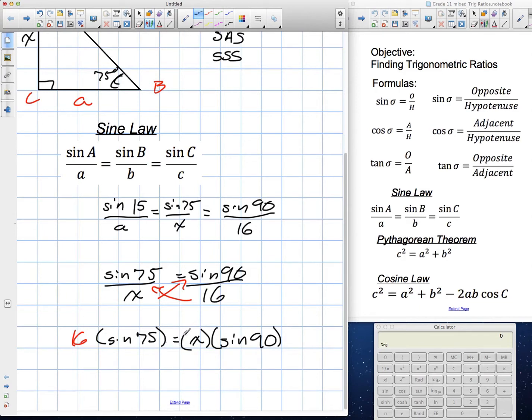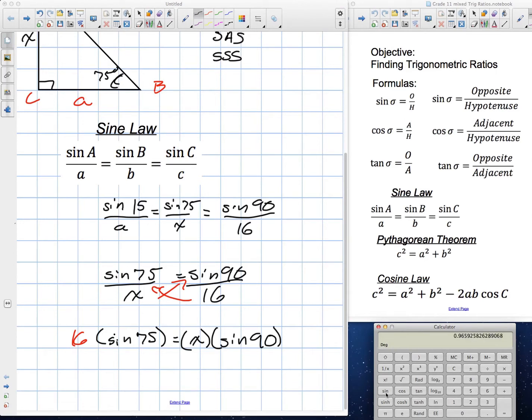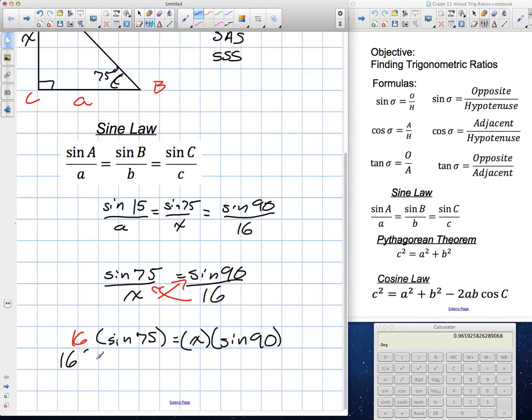And again, our goal here is to get x by itself. But what I'm going to do is I'm actually going to evaluate the sine 75 and sine 90. So sine 75 gives us 0.9659.